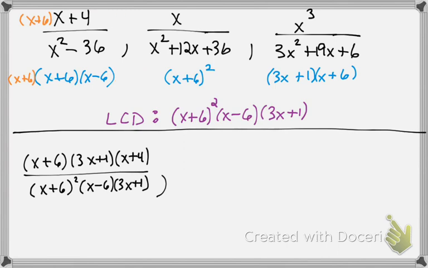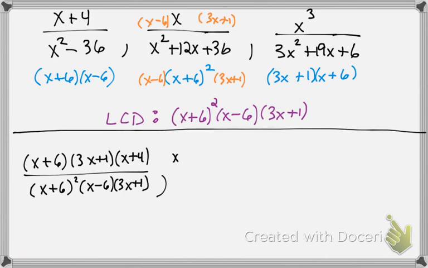All right, if we look at the second one, what's missing? An x minus 6 and 3x plus 1. So if I have to multiply those into the denominator, I have to multiply those into the numerator.